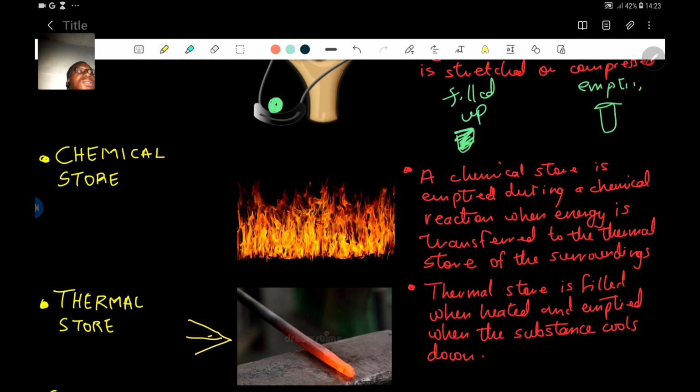So when it is red hot, the energy store is filled up. Then when it cools down, when it's cold, when it's time for you to touch it and it won't harm you, there we go, then our thermal energy store is emptied.